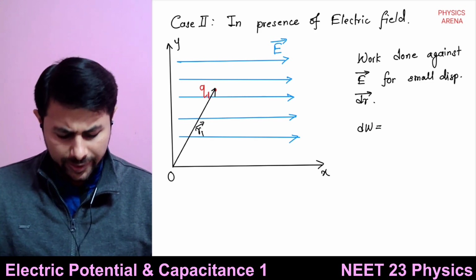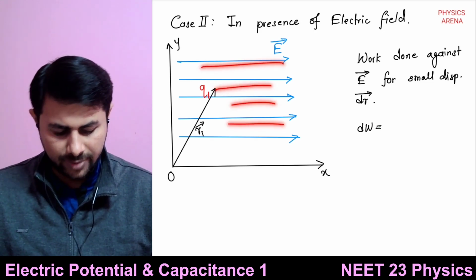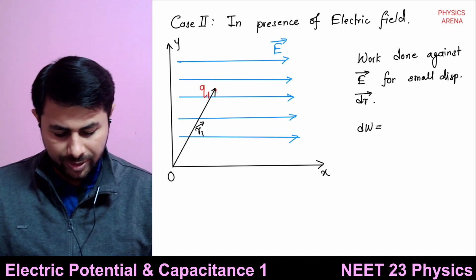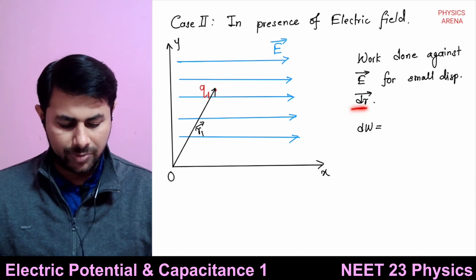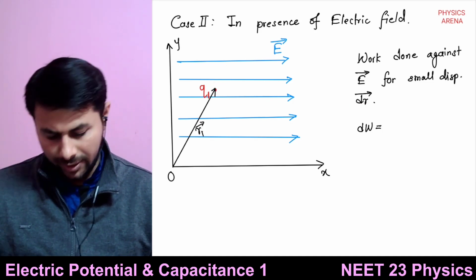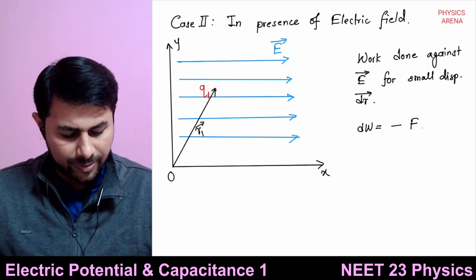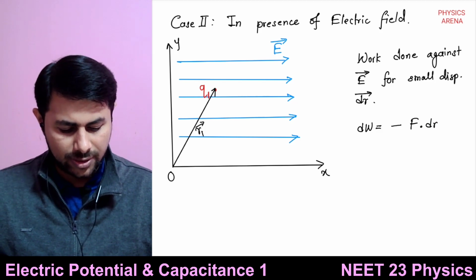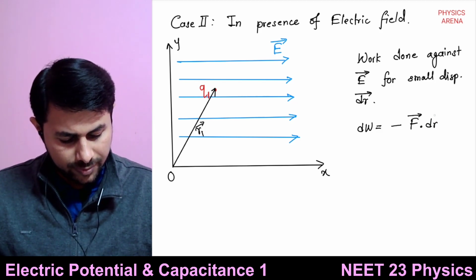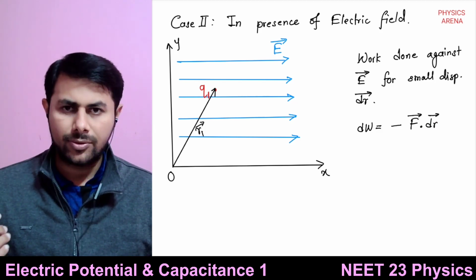Work done is equal to force times displacement, F dot dr, the dot product of force and displacement.